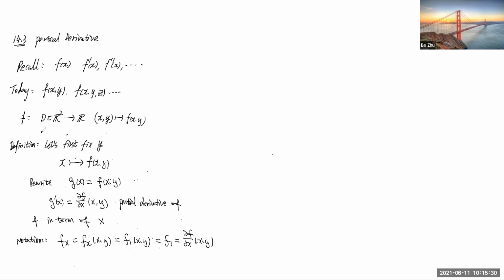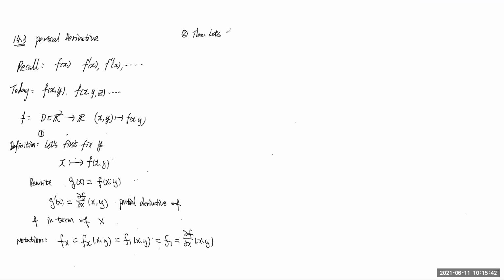This is the first part. It's called the partial derivative. And then we do the same process. Let's fix x. And then we have y in f(x, y).